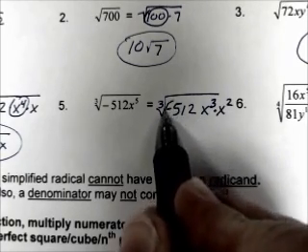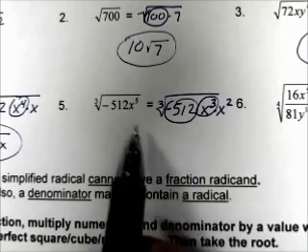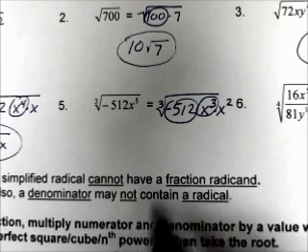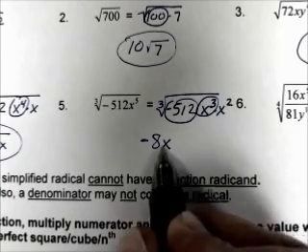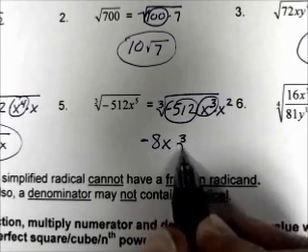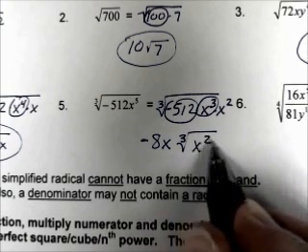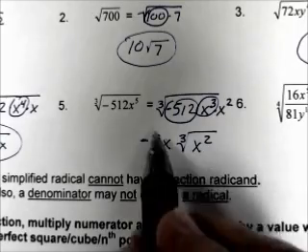Circle our perfect cubes. Take their cube root. Cube root of negative 512 is negative 8. And the cube root of x to the third is x. And x squared remains under our radical. So negative 8x cube root of x squared.